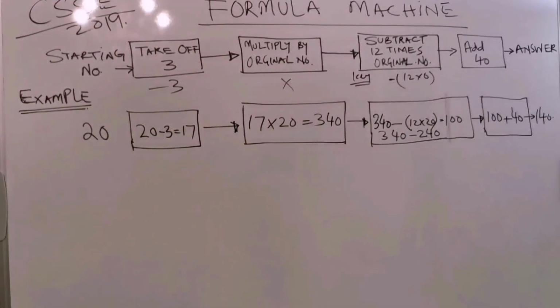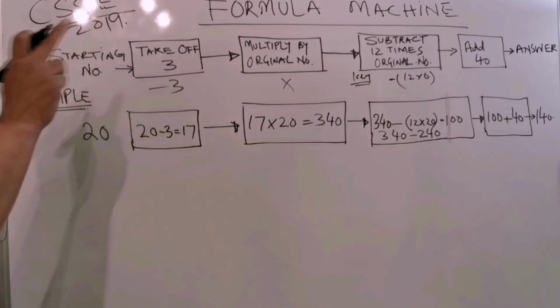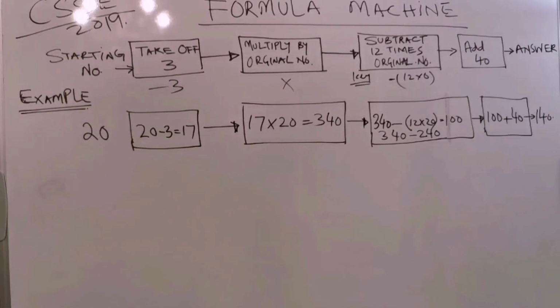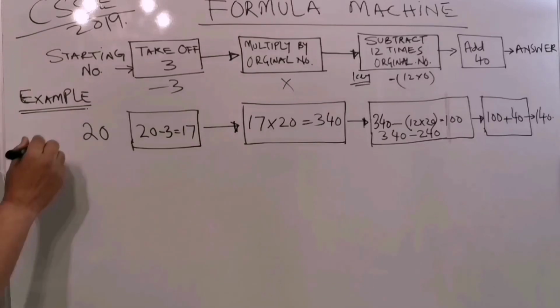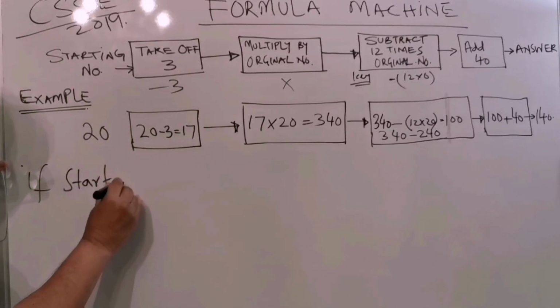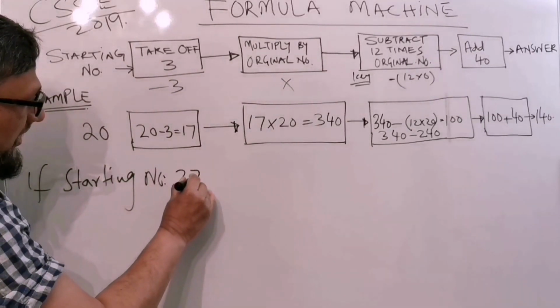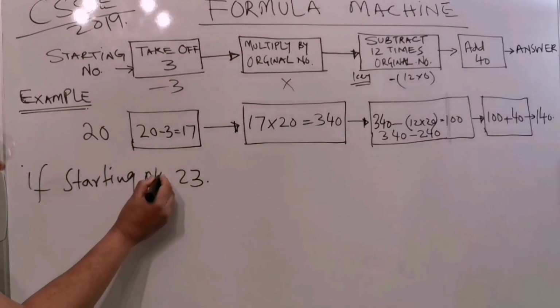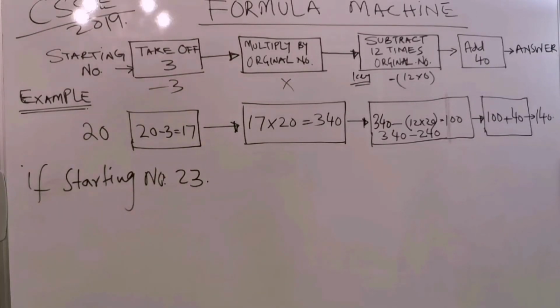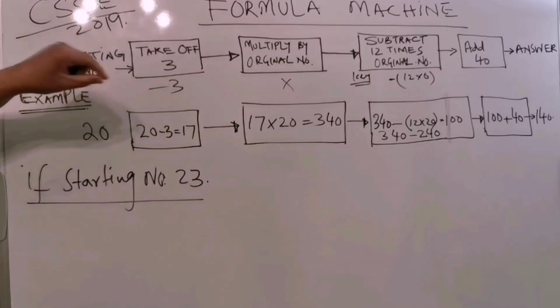The examiner is asking for this paper: if the starting number is 23, what is your final answer? So how can we work in this formula machine?